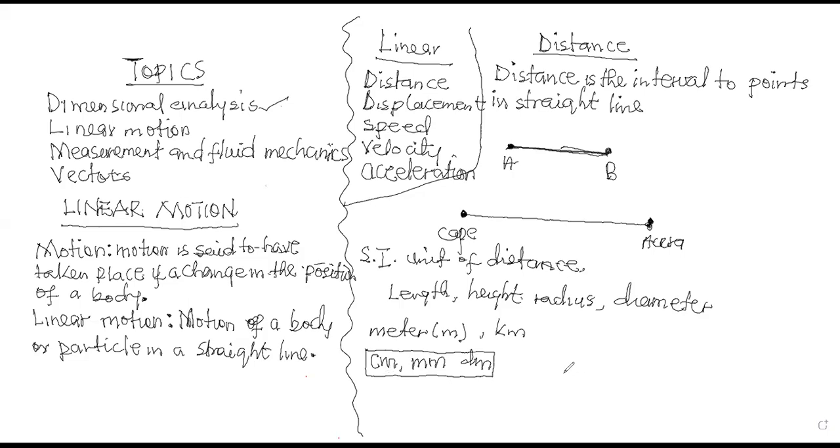So for long distances from Cape Coast to Accra, Tema to Accra, we use the unit kilo. We express the meters in kilo. And what is kilo? 1 kilometer is equivalent to 1,000 meter.